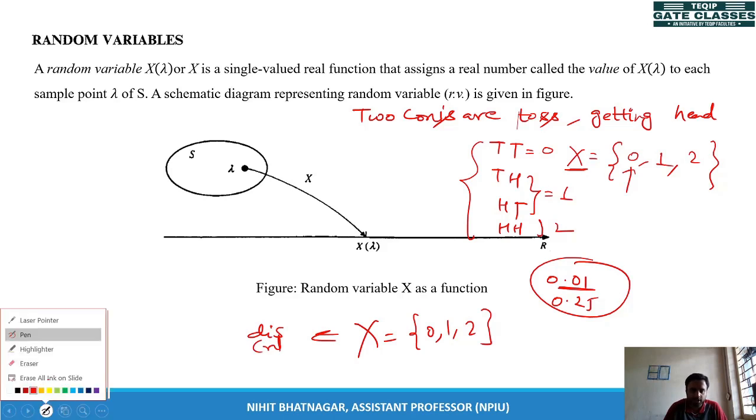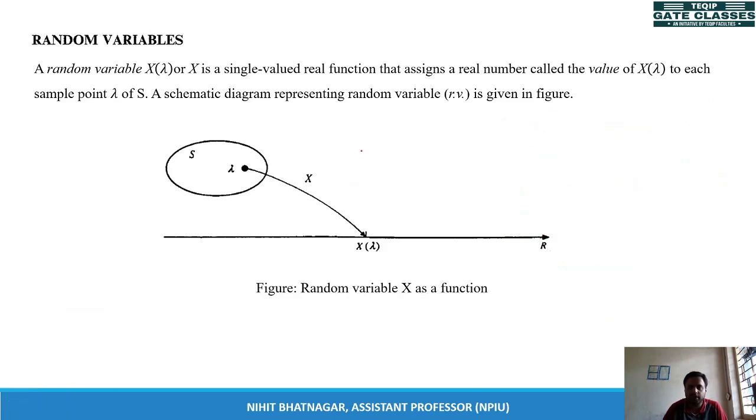That's why this variable is called a discrete random variable.